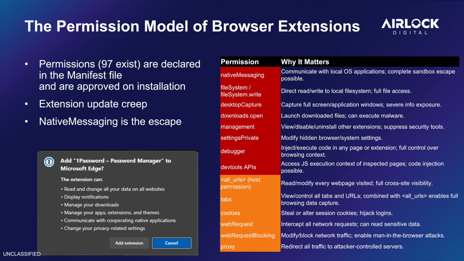There is a permission model for browser extensions, and there are a lot of permissions out there. There are 97 at the time of writing, and by default, it's up to the interactive user to accept or reject those permissions in their entirety at the time of installation. So it's not like on Apple or Android phones where you install an app and you can give permissions at the time the application is requesting it or take them away later.